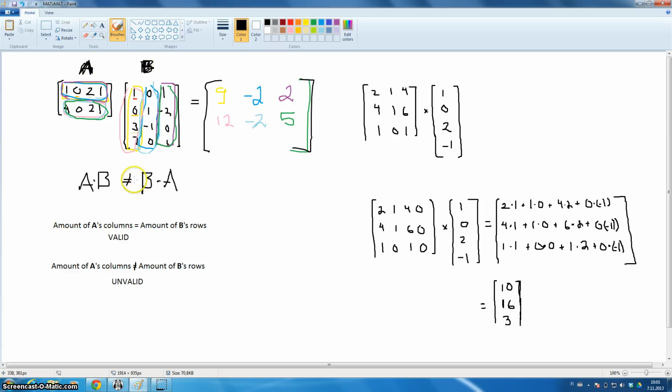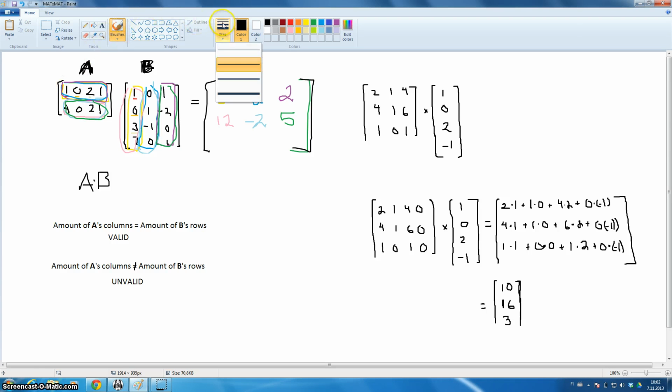Here we have A and B, so let's do A times B. Here we have an example: 1, 0, 2, 1 and 4, 0, 2, 1 matrices are multiplied this way, so that the yellow number comes from multiplying that row with that column, using this kind of formula.